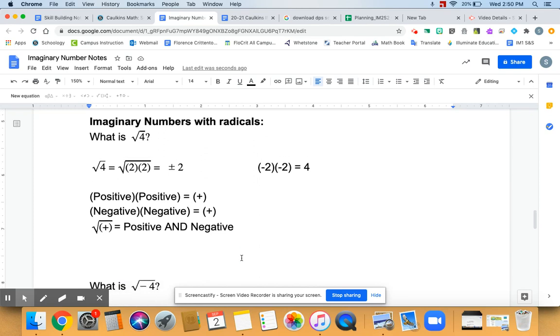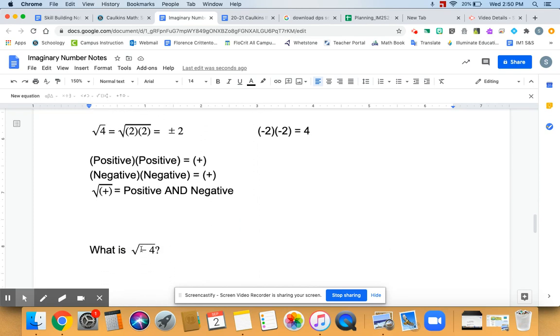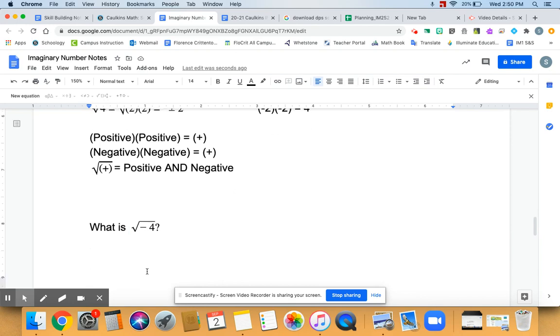So then, what if I try to take the square root of a negative? Like, what's the square root of -4? Just guess, what do you think the square root of -4 is? So the answer can't be 2. It's not 2, because 2 times 2 is positive 4.